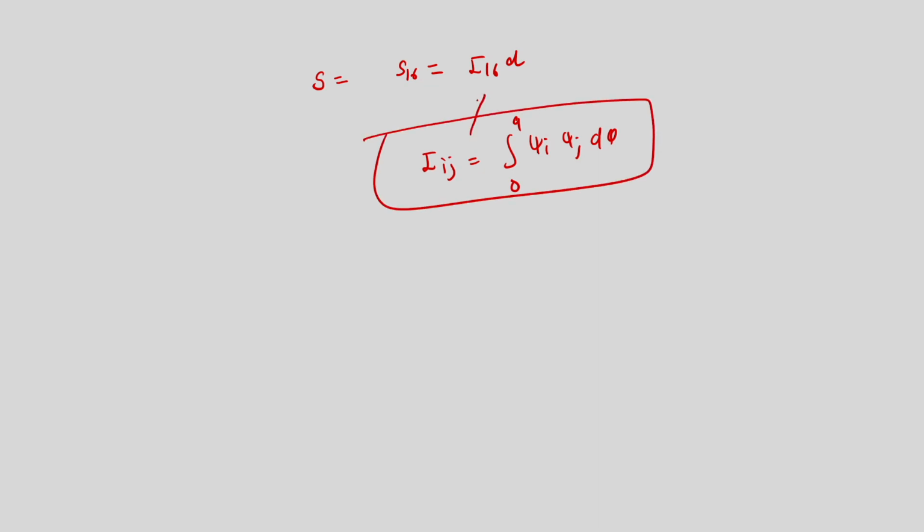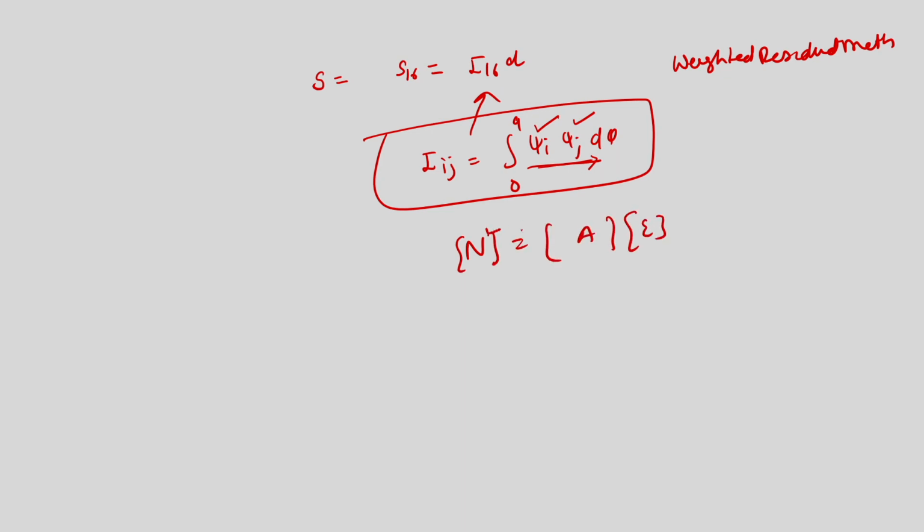Initially we know phi_j along the theta direction, so we have chosen any function and convert using the concept of the weighted residual method. Through that concept, it can be converted into a weak integrated form.